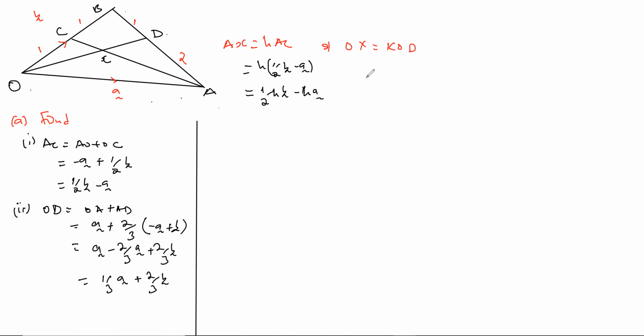This is this statement simplified. And this simplified will be K into OD, but we already got the value of OD as a third A plus 2 over 3B. So it will be K into brackets a third A plus 2 over 3B. Again, if you simplify this further, you'll have a third KA, vectors should always come last, plus 2 over 3 KB. So once you have simplified, the question said, write OX in two ways.